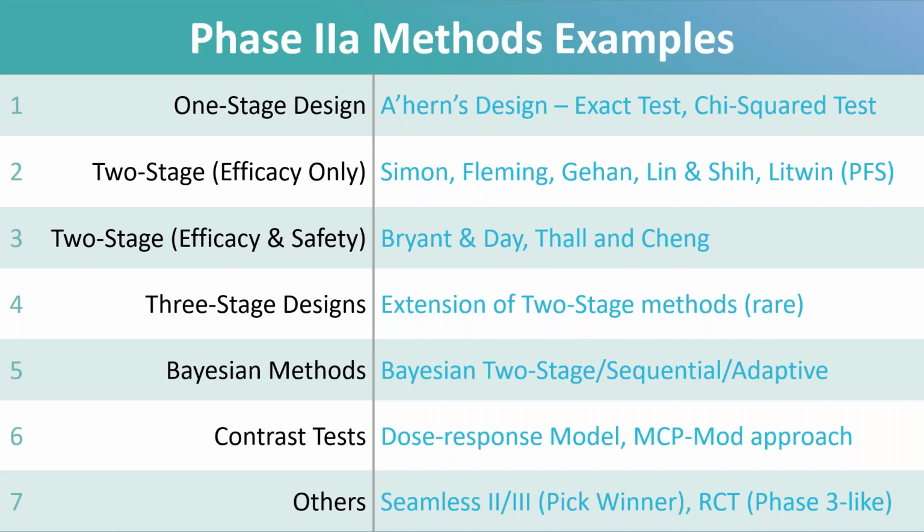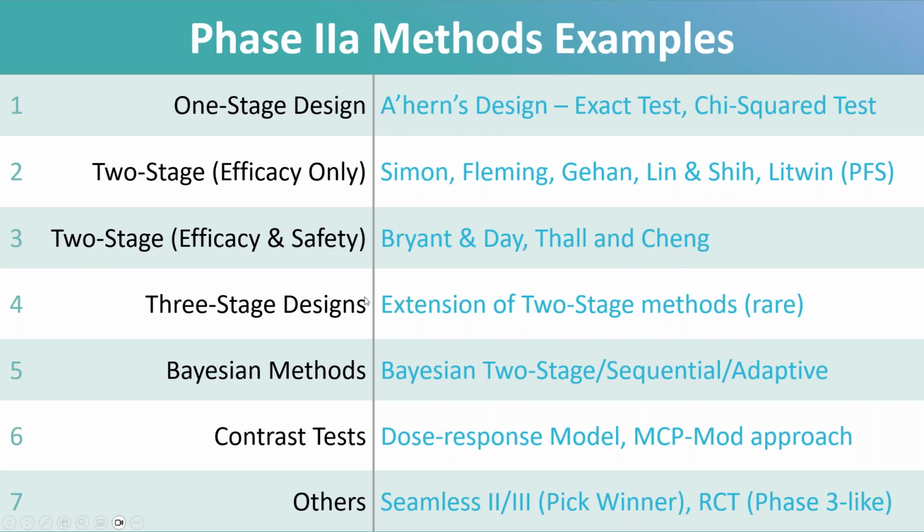Bryant and Day is one very common extension of Simon's design, and Thal and Zheng is a more innovative method that models them as a bivariate distribution.